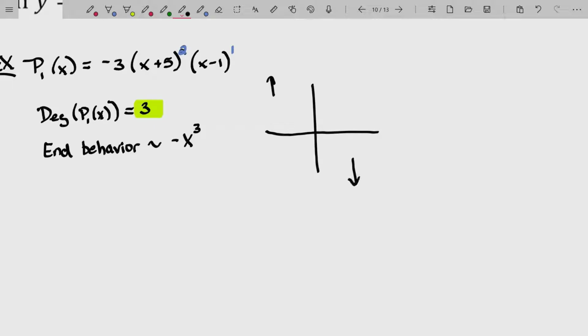I don't even graph its middle behavior, even though I do know that if it were x cubed but upside down, it would look like that. But I don't really care to graph that out. I just want to know, what does this graph look like at the edges? And then we'll do the next step, which is the zeros and their multiplicities, for what that middle ground will actually look like. So again, let me repeat that.